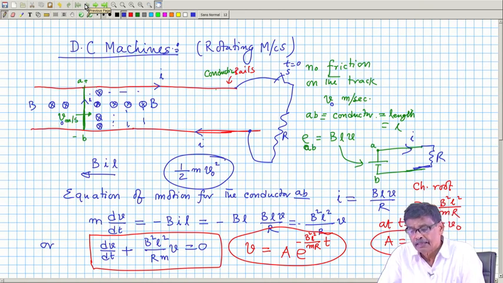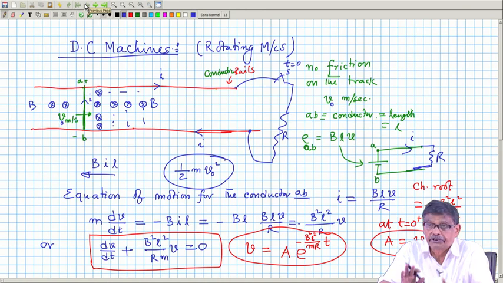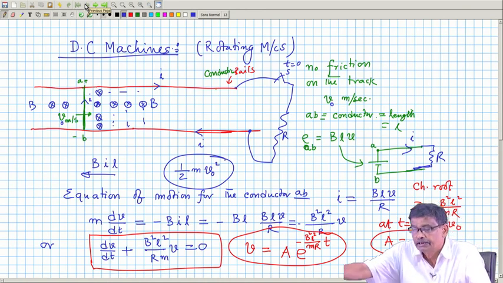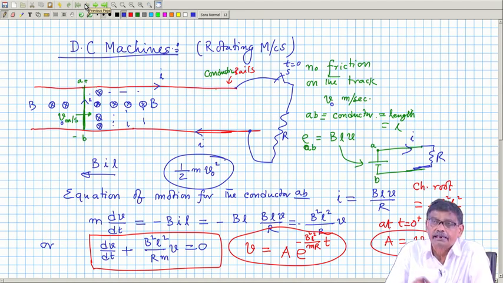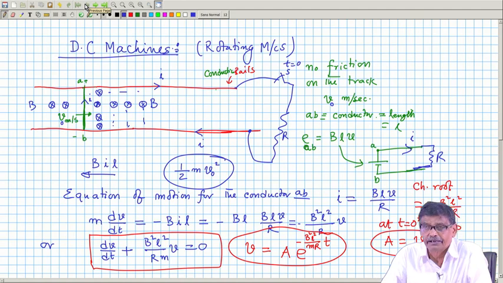One is a conductor moving in a magnetic field produces a unidirectional voltage, and when it moves that voltage magnitude of course becomes a function of time. Now, naturally the question is, if I want to make a sustainable generator, not that after some time everything will vanish, what should I do?